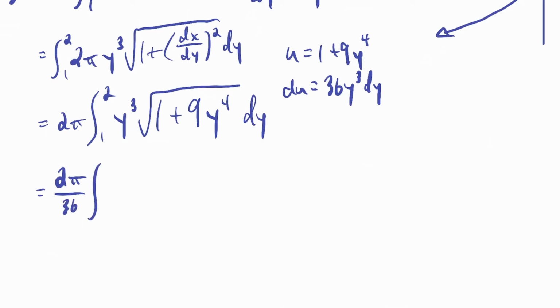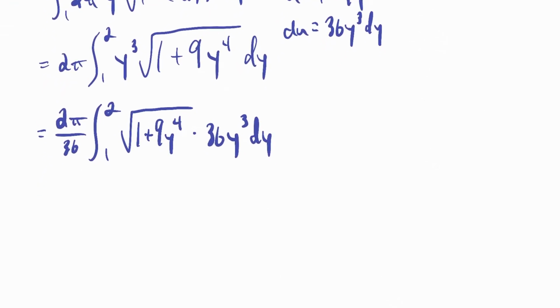Integral from, well, if I plug in 1 into, well, you know what? I'm not switching yet, so it's still 1 to 2 times the square root of 1 plus 9y to the fourth times 36y cubed dy. Okay, so then I can switch over.